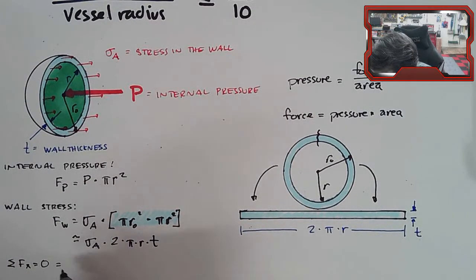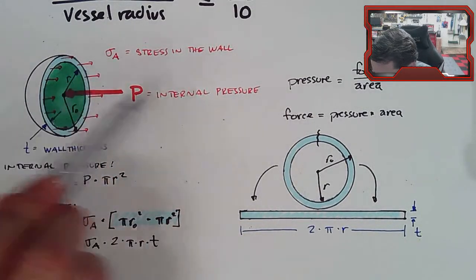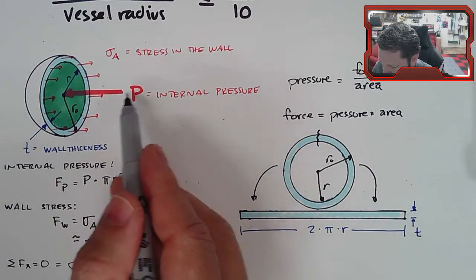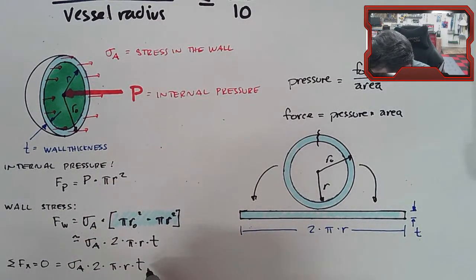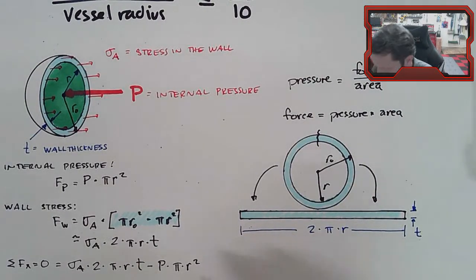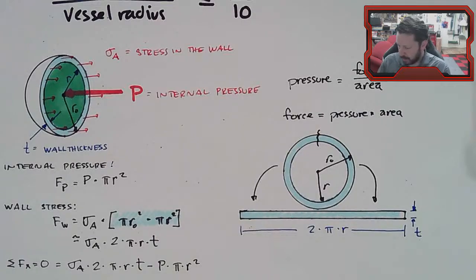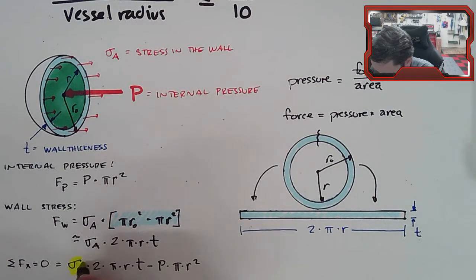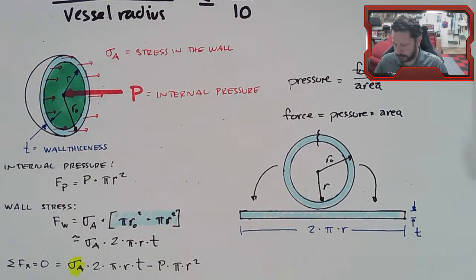We have, I drew the wall going to the right, so let's say this one: sigma A times 2 pi R T minus the force associated with the pressure, so minus P times pi R squared equals 0. Here is the stress I'm interested in solving for. That's the stress in the wall.